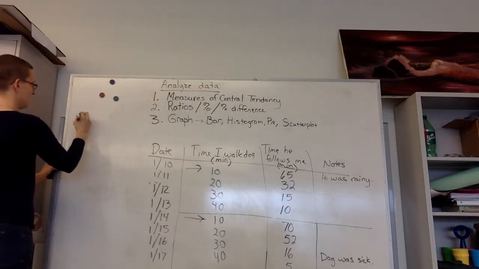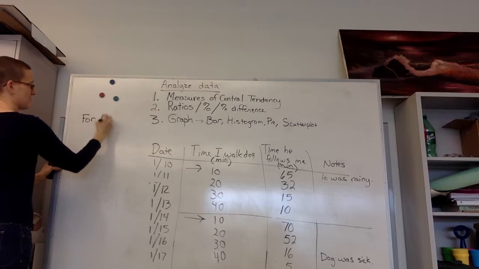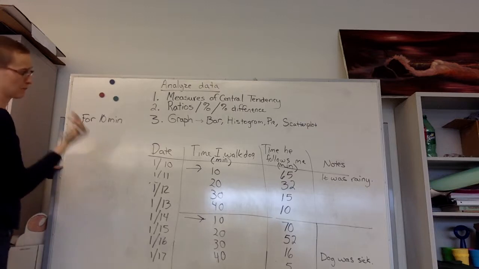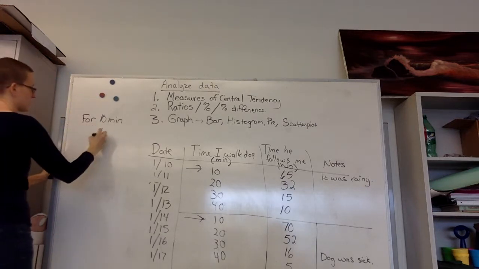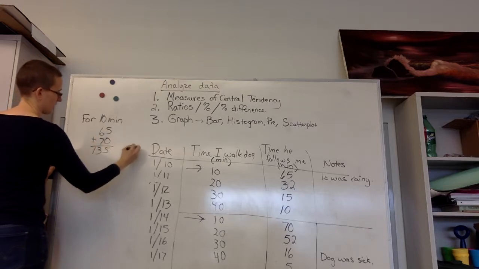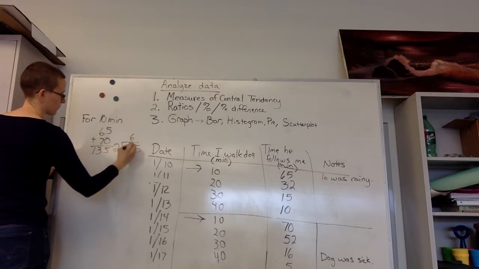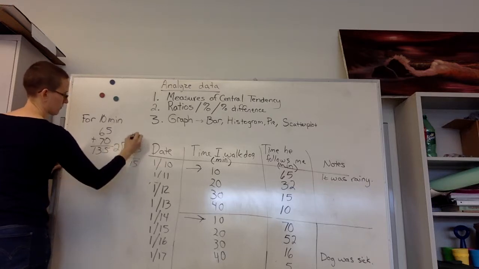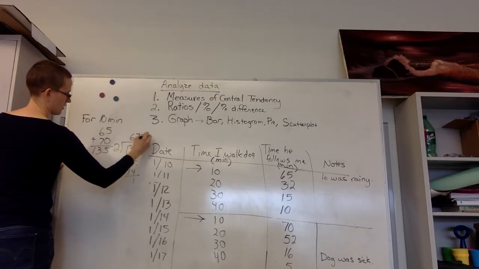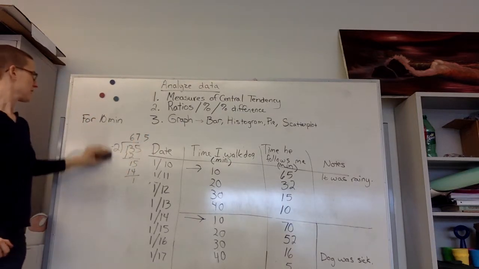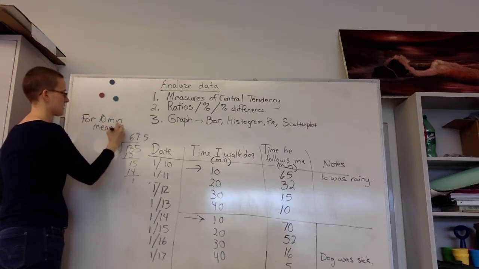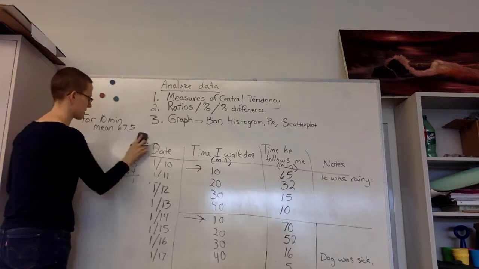To find the average for 10 minutes, if we add the 2 numbers, 65 and 70, I get 135, and then I divide that by 2. So I get 67.5 is my average for 10 minutes, my mean is 67.5. That would also be my median in this case.